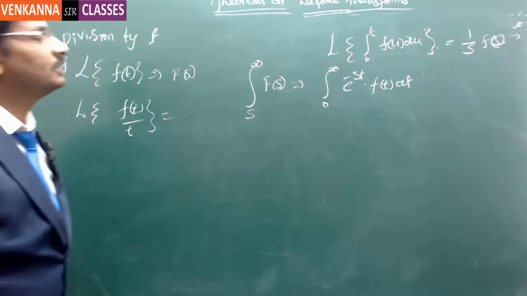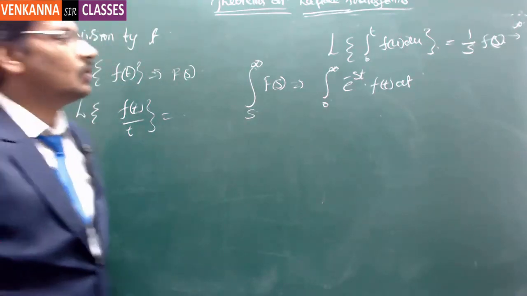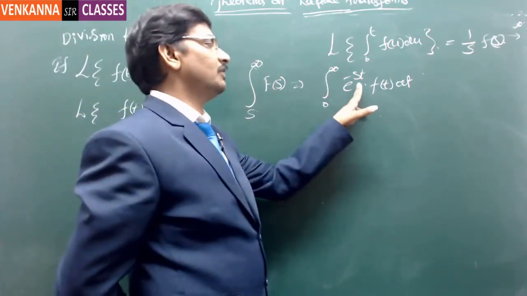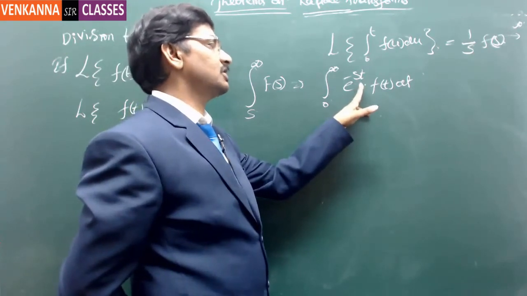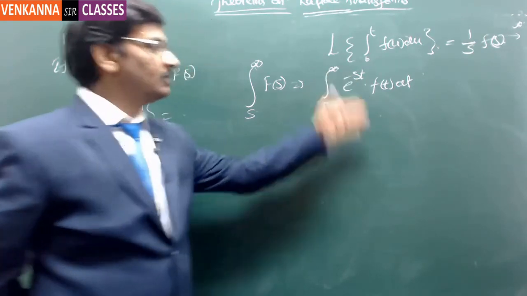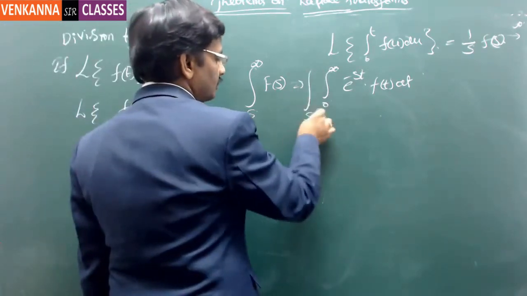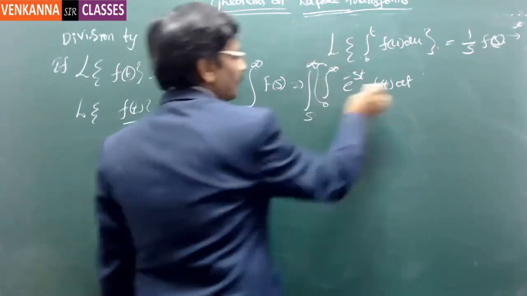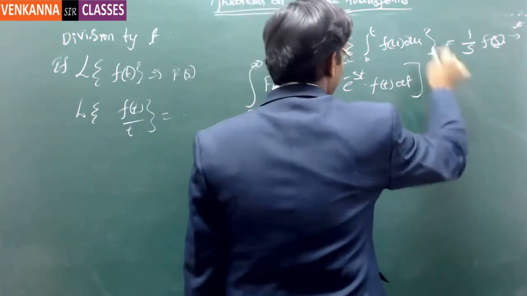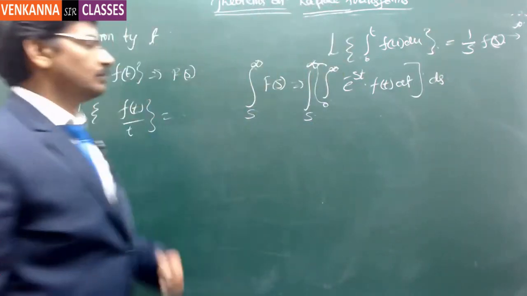If you make the integration from s to infinity, with respect to s, t will come in the denominator, which we are going to see now. So this is s to infinity, this is ds. Got it?